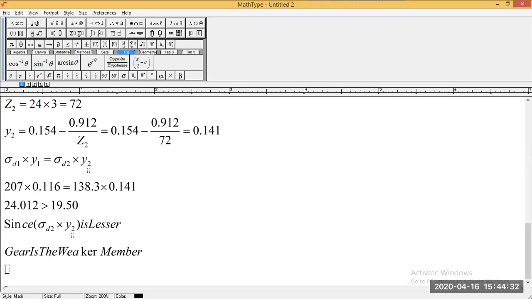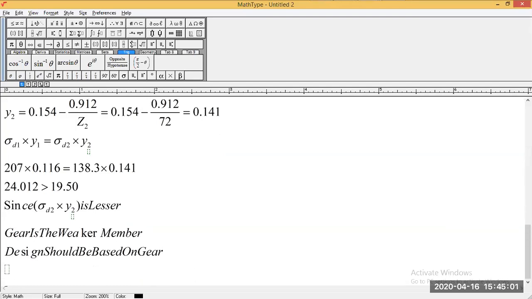So the next is design. Design should be based on gear. So whatever dimensions, whatever notations you take henceforth should be in 2. Okay, like Z2, sigma D2, Y2, okay, and so on.